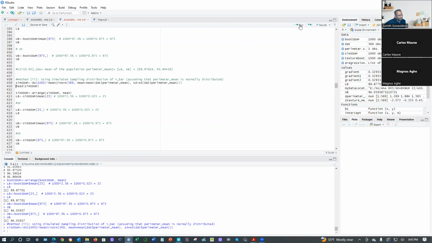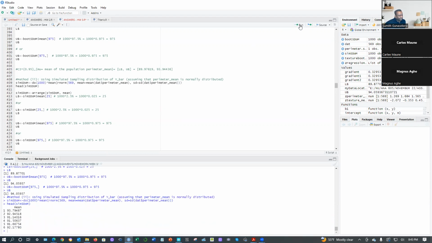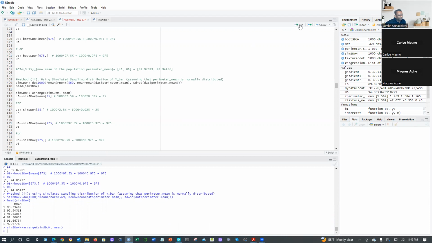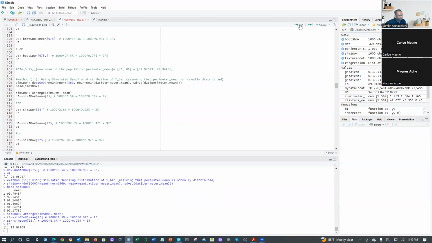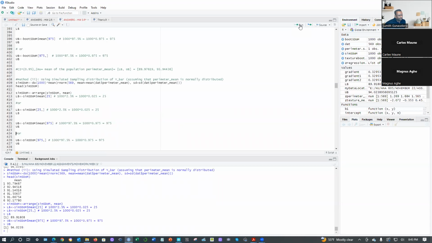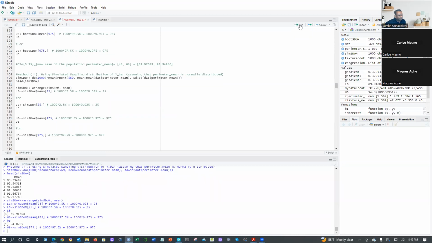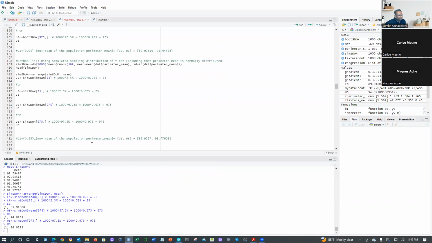Second method, simulation. Then arrange again, same fashion. You get the same answer. Upper bound, lower bound, and you can write it like this. That's the second method.